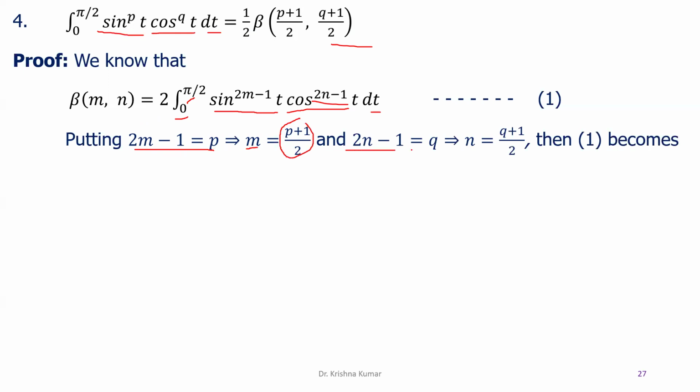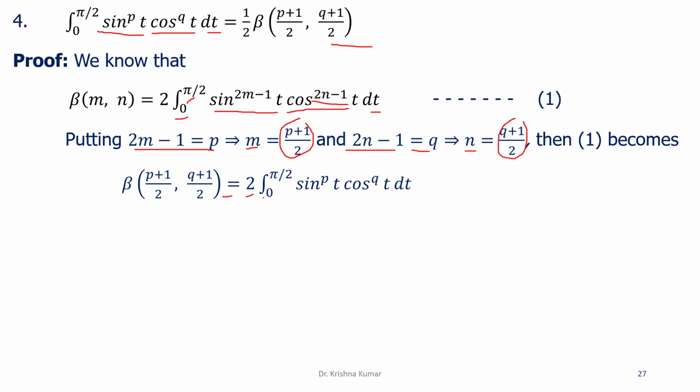Similarly, 2n minus 1 equal to q, then 2n is equal to q plus 1 and n equal to (q plus 1) by 2. Then this will become beta of (p plus 1) by 2, (q plus 1) by 2, which is equal to 2 times integration under the limit 0 to pi by 2 of sine to the power p t into cos to the power q t with respect to t.